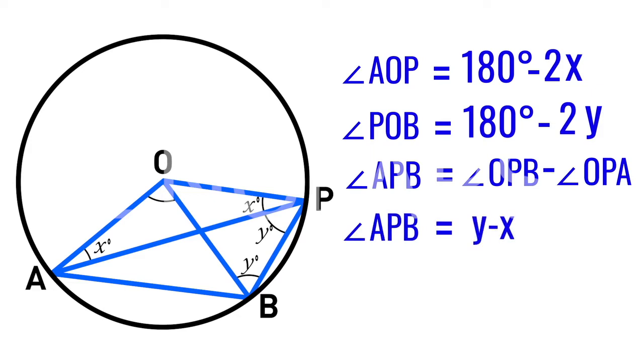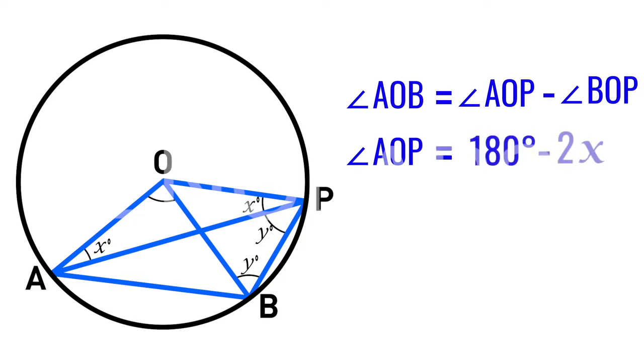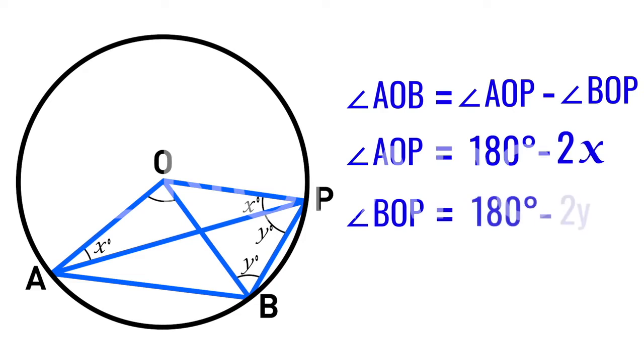Similarly, angle AOB is the difference of angle AOP and angle BOP. That is, angle AOB is equal to angle AOP minus angle BOP. Here we know angle AOP is equal to 180 minus 2x and angle BOP is equal to 180 minus 2y degree.